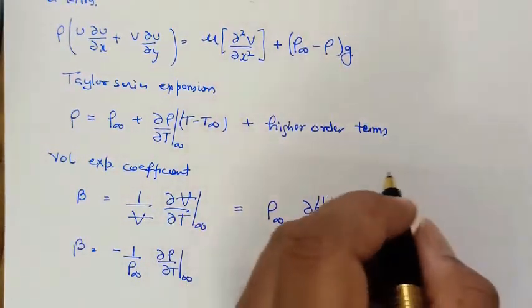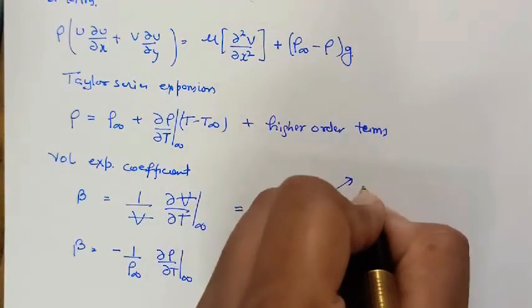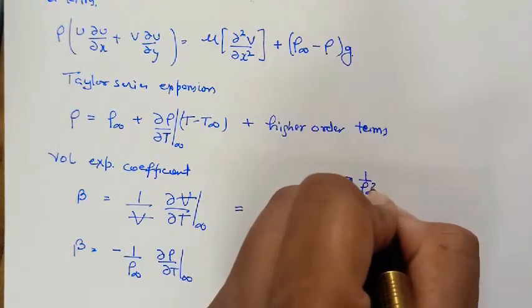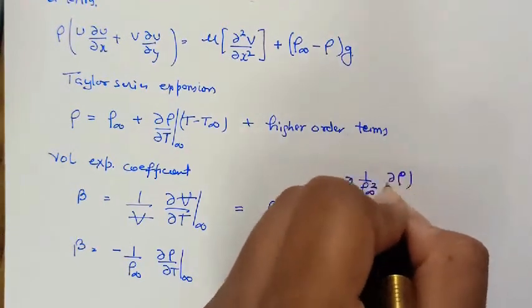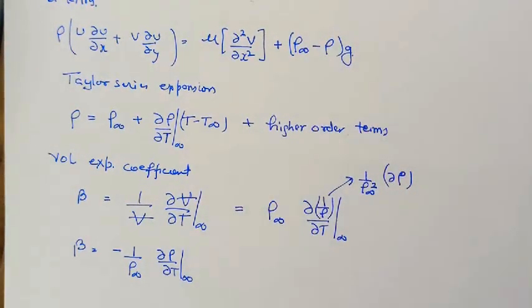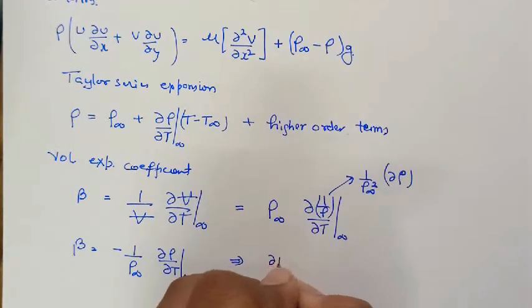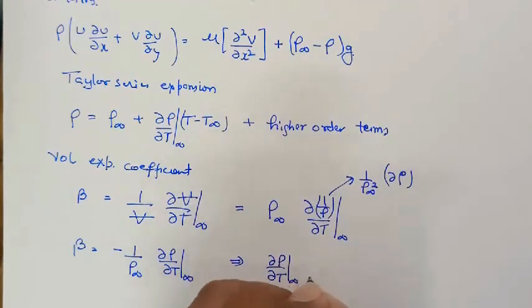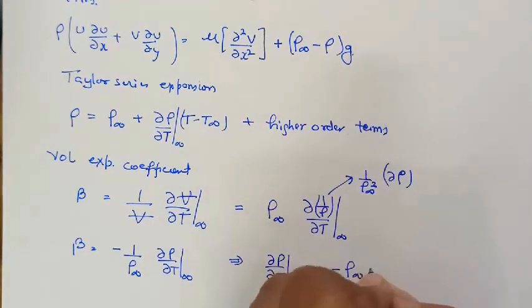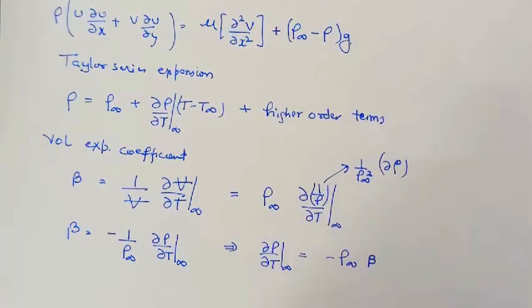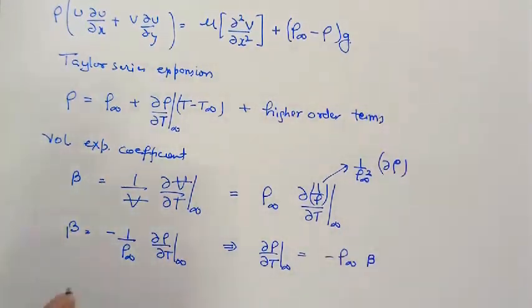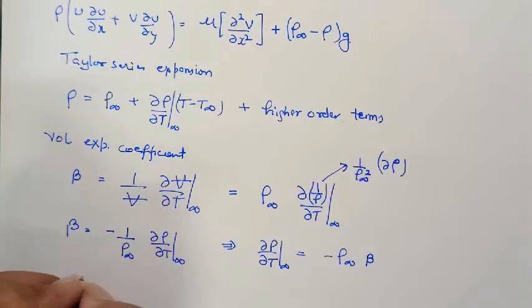Why? Because this can be written as 1 by rho infinity square of d, right? The differentiation of that. So from here we can write that d rho by dT at infinity is minus of rho infinity into beta, right? So this rho can be written as rho infinity.